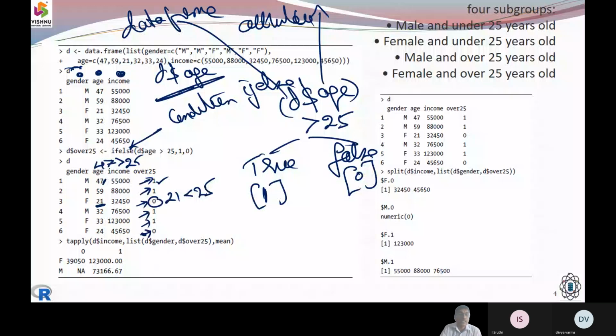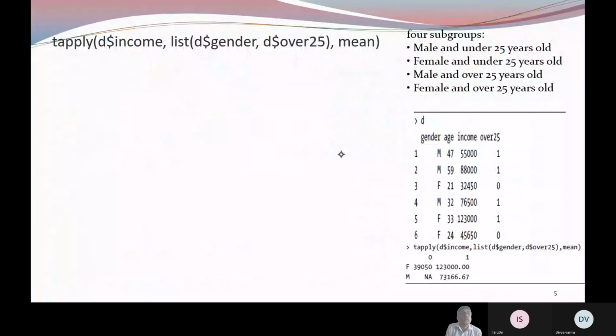After putting the condition, next we are going to use a tapply function. In this tapply function, we are going to compute the income, and it is going to take a list with gender as one element, over the age which is over 25, and we get the income's mean.